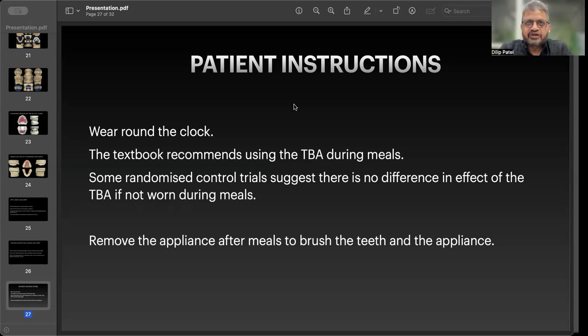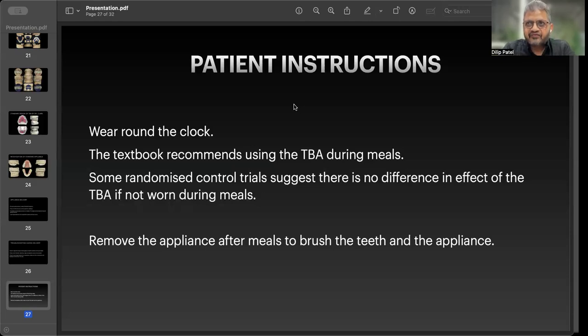If you put the appliance during the mastication, it creates almost 700 grams of pressure. And 1 millimeter of advancement of the bite, registered in the wax bite, will create 100 grams of pressure for every millimeter.